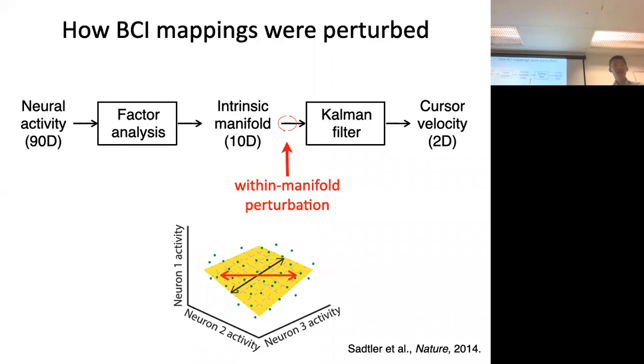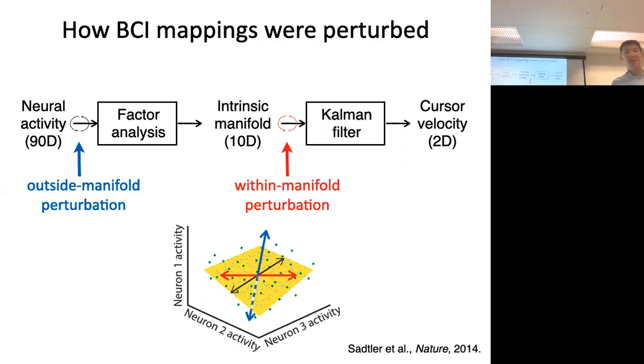So in other words, to learn to use a within manifold perturbation, the correlation patterns amongst the neurons didn't need to change. The subject only needed to produce the right activity patterns at the right time.